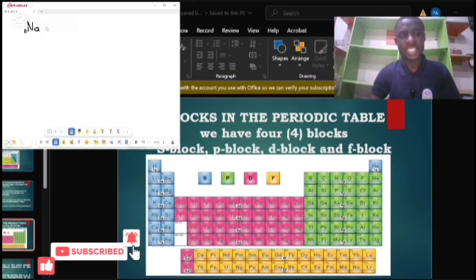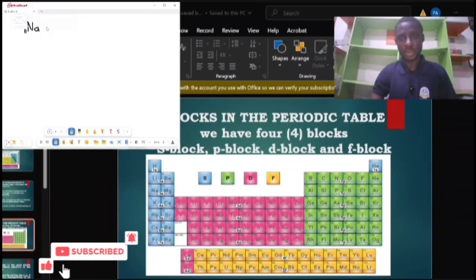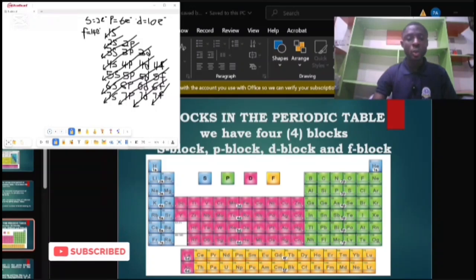There is a pattern of how we arrange the structure of the table. We want to write the electronic configuration of some elements and know the block that they belong to in the periodic table.